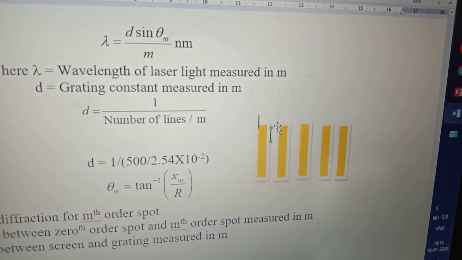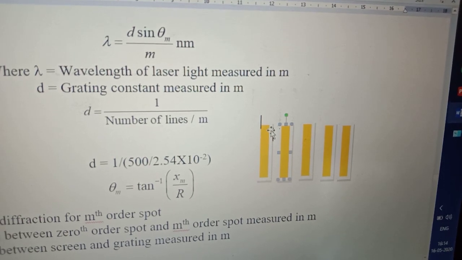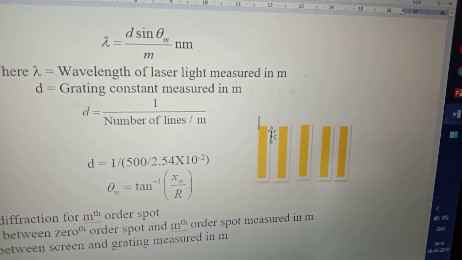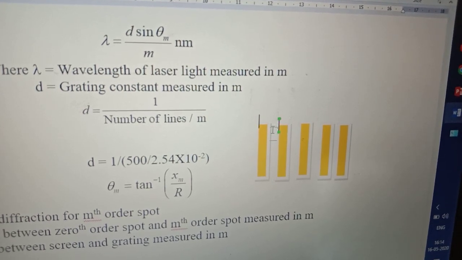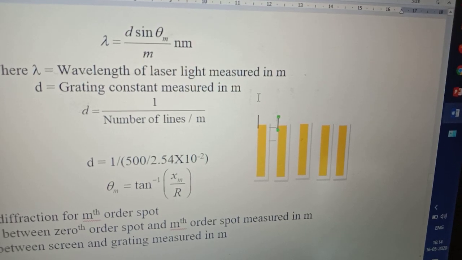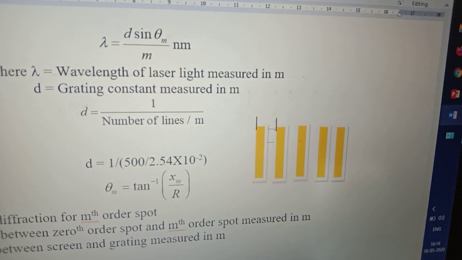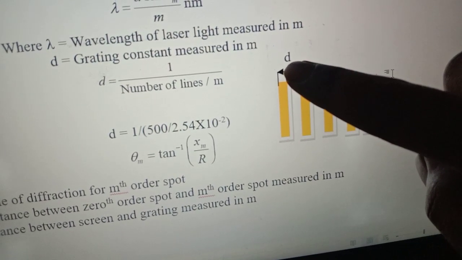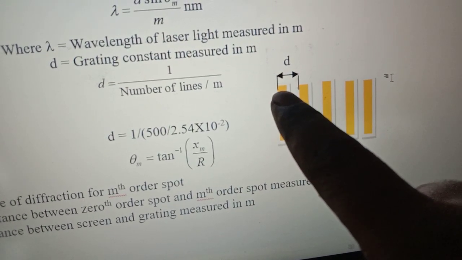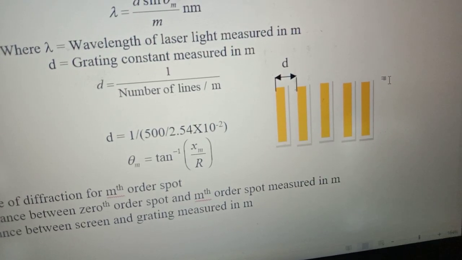You can consider it as the distance between a transparent and the consecutive opaque portion. This particular distance, between these two lines, you can call D. So the distance between the transparent and the consecutive opaque portion, that particular thickness, is D.